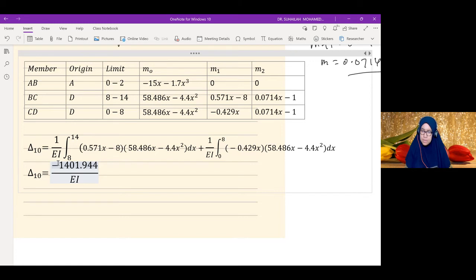Okay, another one is negative 0.429x times (58.486x minus 4.4x squared) from 0 to 8. So we get negative 2349.209.